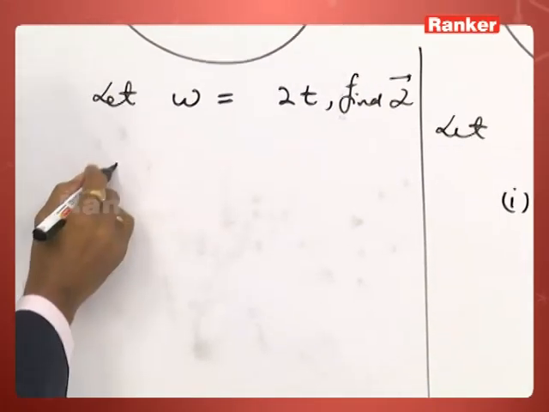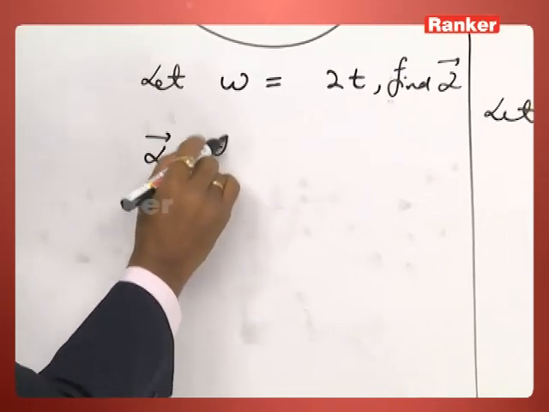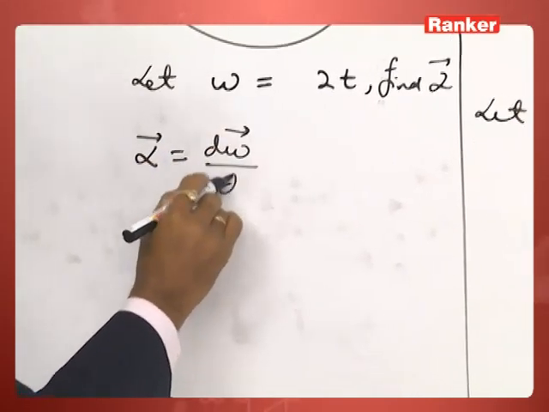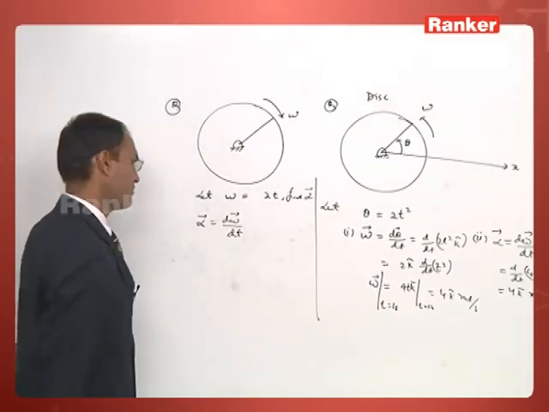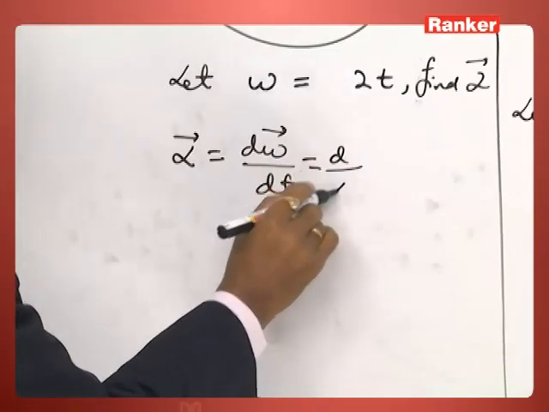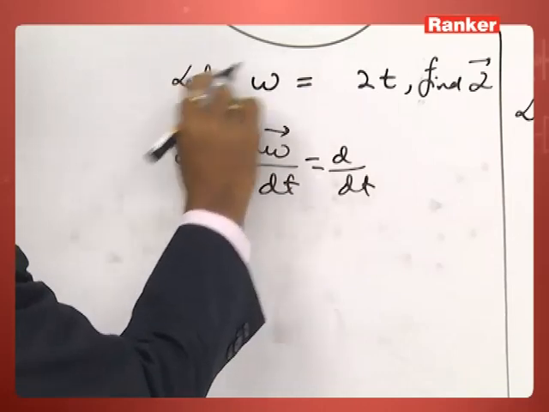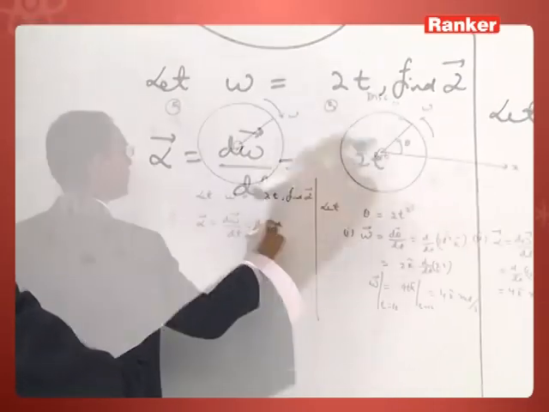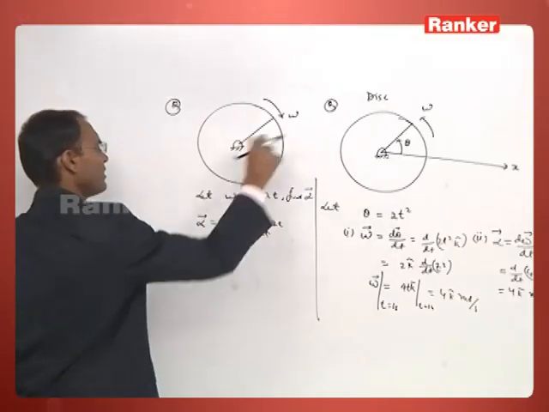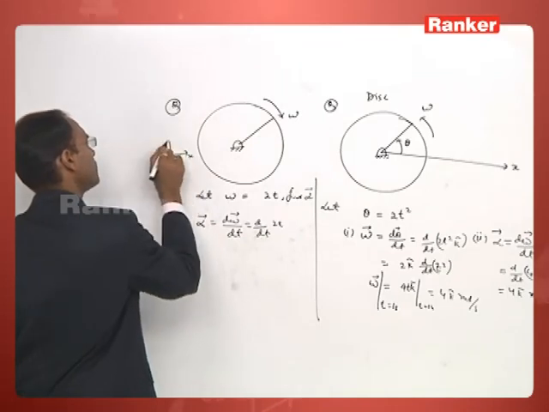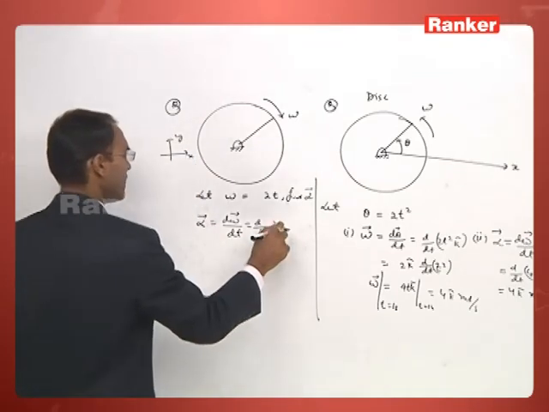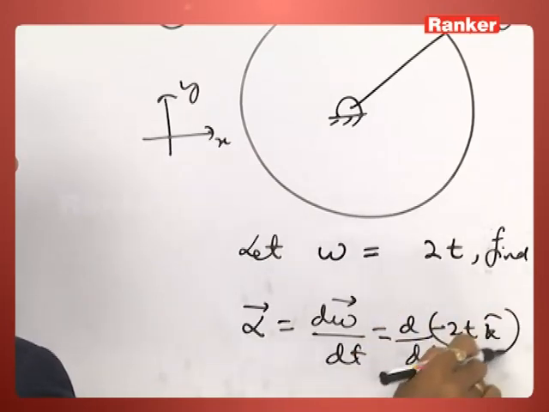Our basic formula is alpha is equal to d omega by dt in vectorial form. d upon dt, omega vector is equal to how much? 2t. In which direction? If you take this x direction, this y direction, this will be negative z direction or minus k cap.